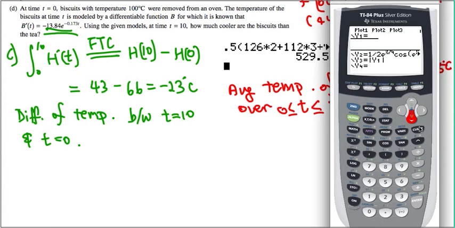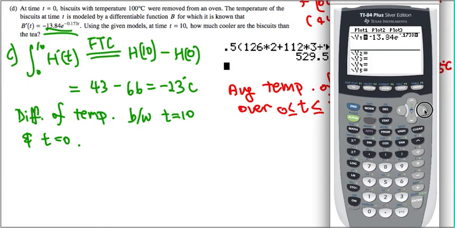So I'm just going to clear these. So negative 13.84 times e to the negative 0.173 x.